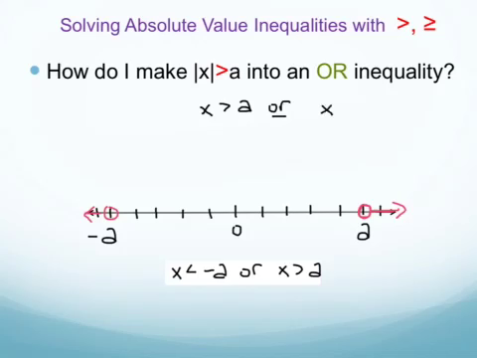But notice here, we flip the sign and make whatever is on the outside negative. So we're going to flip the sign and make it negative. Now remember, this is always assuming that the absolute value is completely isolated before you rewrite it into an OR inequality. So make sure the absolute value is isolated before you try to rewrite it.